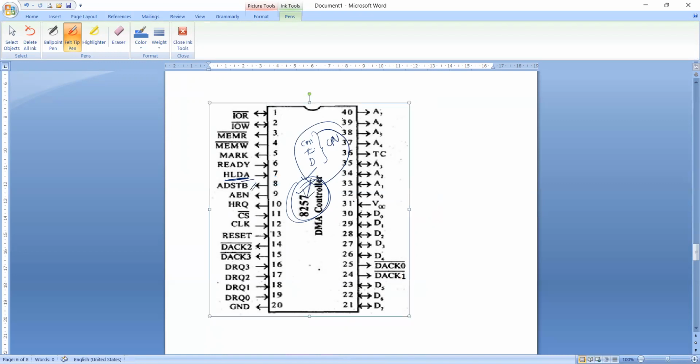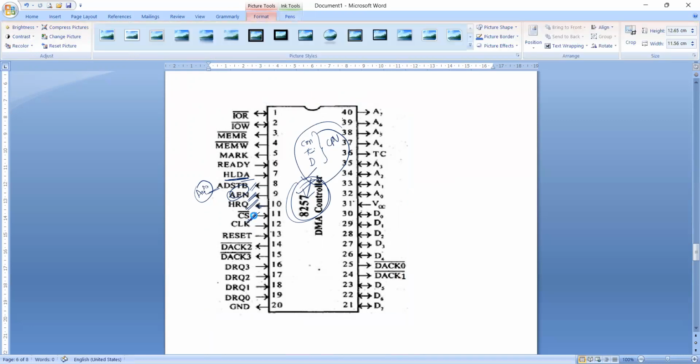ADSTB is the address strobe signal, and A4 to A7 signals will be used for it. AEN is the address and data bus enable signal, and HRQ is the hold request sent to the CPU from 8257. Chip select line: under slave mode it selects the chip, whereas in master mode all read and write operations are disabled. The clock signal is required for internal operations of 8257.